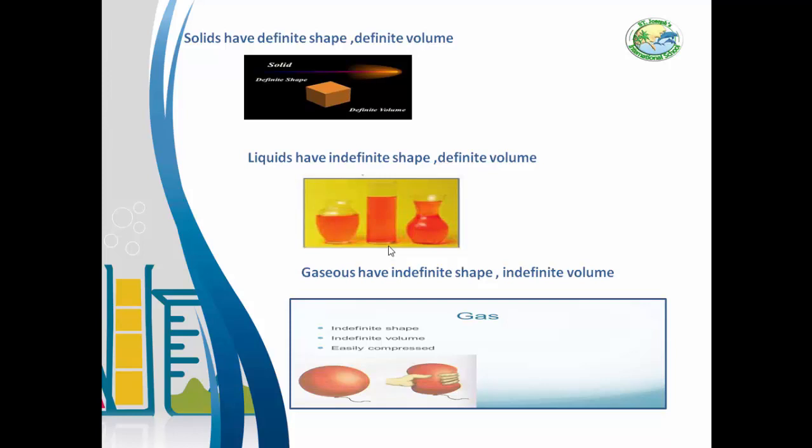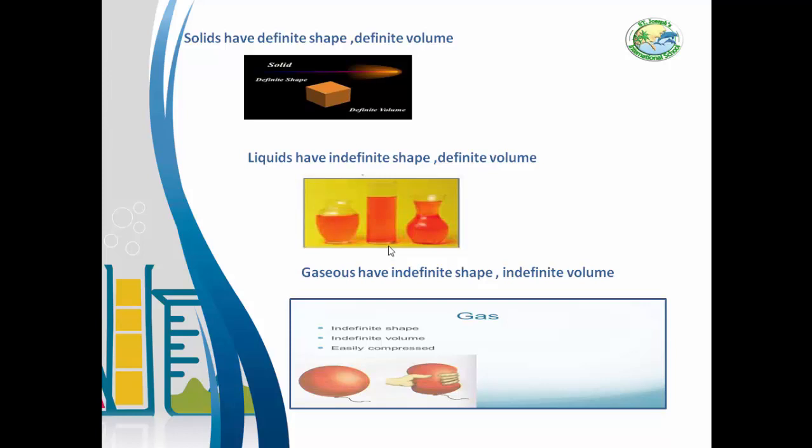And we have many give-reason questions in this part. For example, give reason: wood is a solid matter. Why is wood a solid matter? Wood is a solid matter because it has definite shape and definite volume. Give reason: oil is a liquid matter.